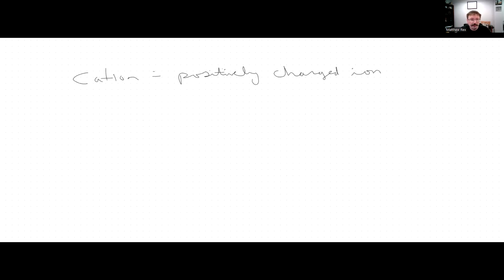So to do that, it has to lose an electron and gain a positive charge. So cation is defined as an atom that has lost electrons and forms a positive charge.